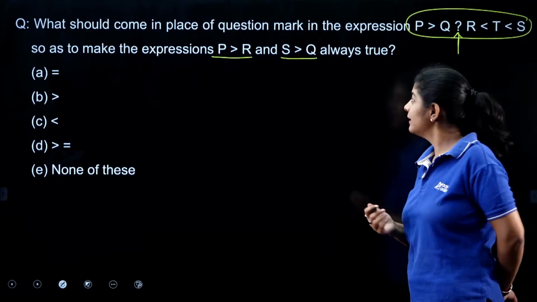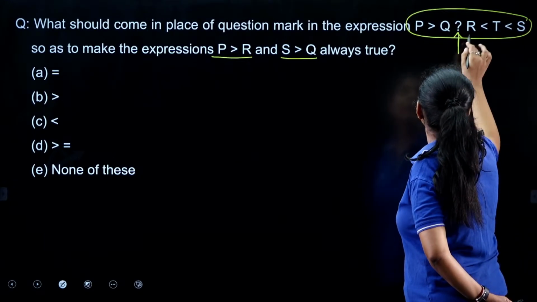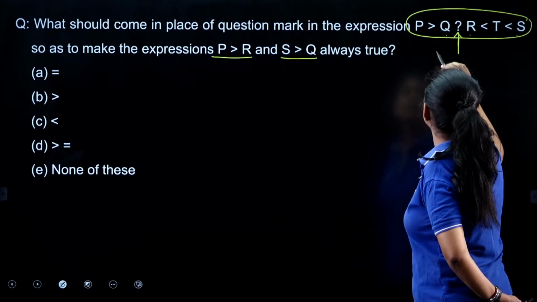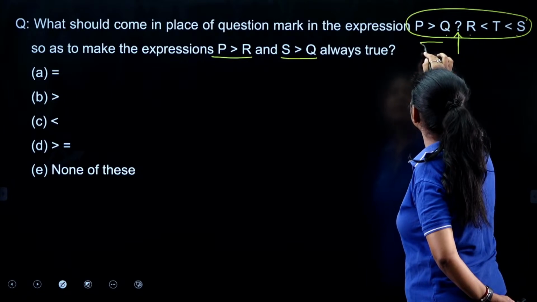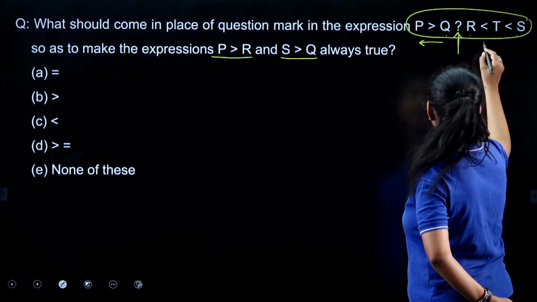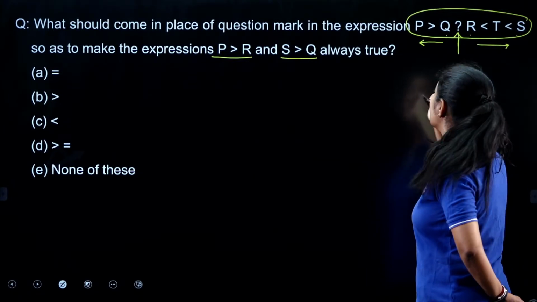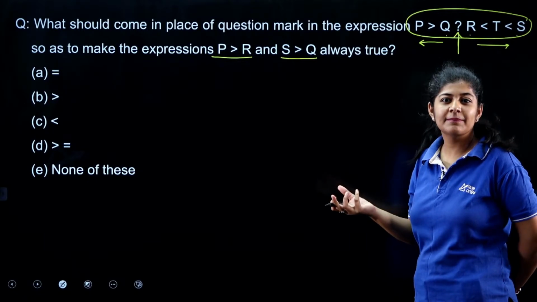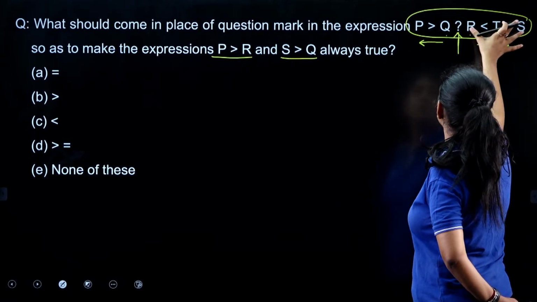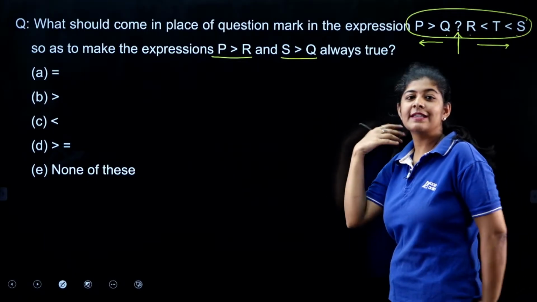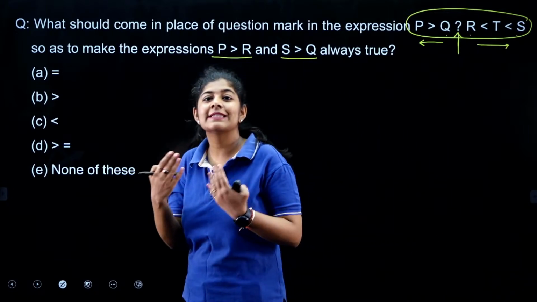It's very simple. Here we are having P and R, Q and S. So if you will see, here we are having this kind of symbols and here we are having this kind of symbols. If we want to maintain both the relations, we need something which maintains the balance.